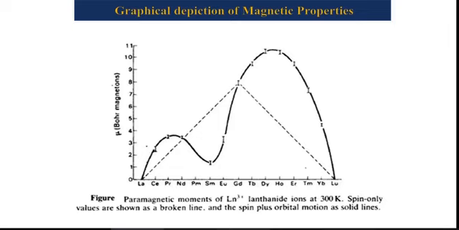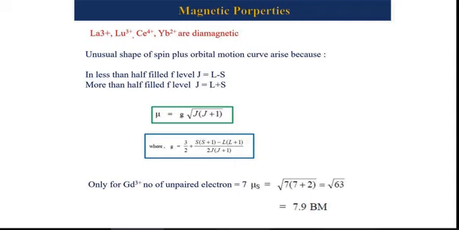But what you notice is that it increases, then decreases, then again increases, and then again starts to fall. And especially in the case of holmium, the magnetic moment is too high. The reason is that in holmium, the value of J is defined with L plus S, because in that case more than 7 electrons are available in the f orbital.